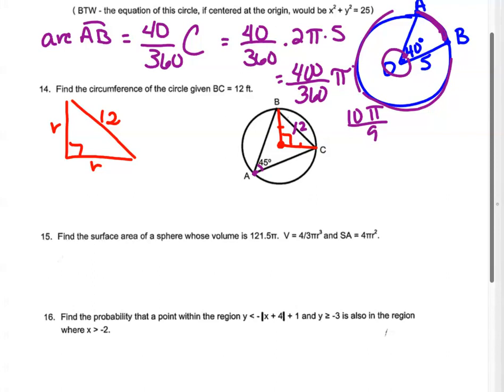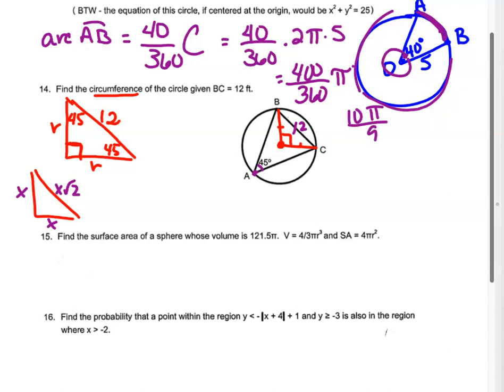To find the radius of the circle, which we would need in order to find the circumference, we can use the fact that we have a 45, 45, 90 triangle here. Since it's isosceles, our base angles have to be equal. And in a 45, 45, 90 triangle, if one side is x, the other is x, and the hypotenuse is x root 2.